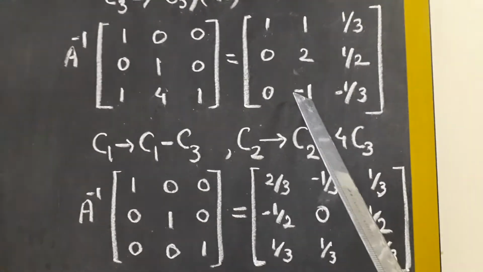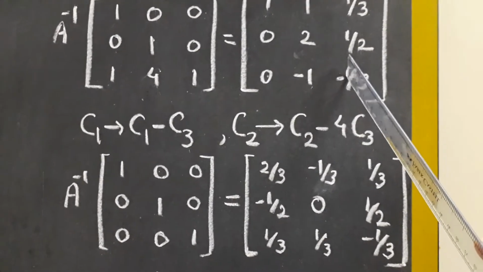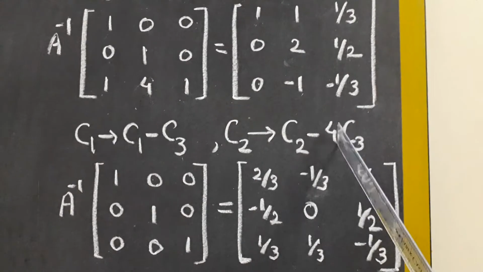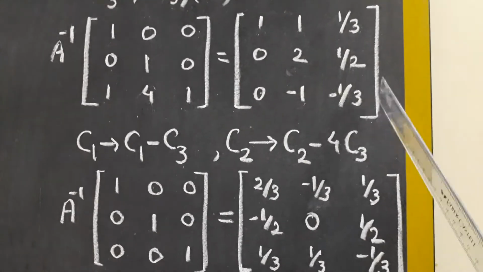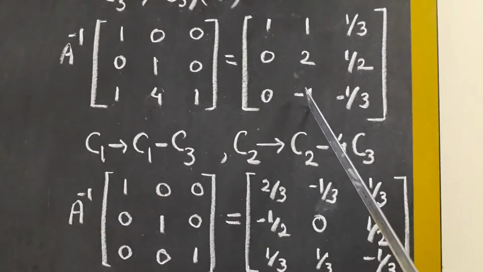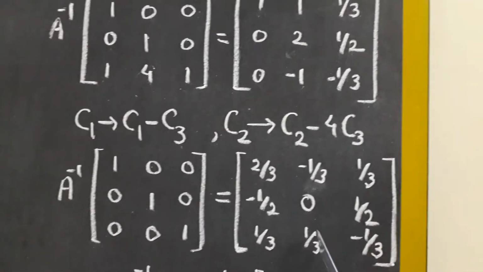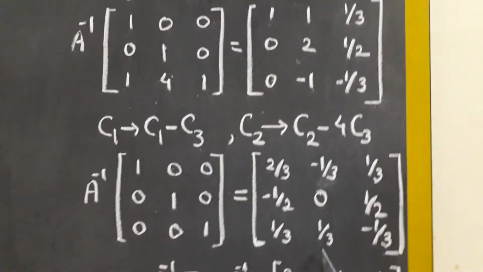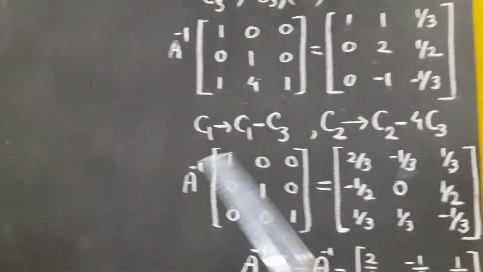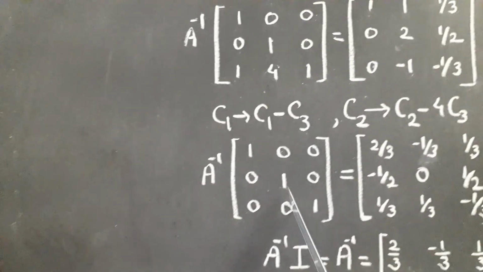In the same manner, minus 1 minus of minus 1 by 3, sorry, 4 times minus 1 by 3. So minus minus becomes plus, so this becomes minus 1 plus 4 by 3, and we get the answer as 1 by 3. And so the whole matrix gets converted into the identity matrix.